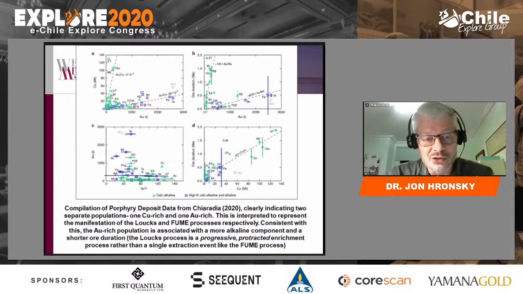It shows that there are two populations, one copper rich and one gold rich. Unsurprisingly, the gold rich population has a more alkalic component to it. The copper rich population is more calc-alkalic. But interestingly, it also shows an important difference in terms of time. The gold rich population is in place very quickly, consistent with the FUME process, a transient event, whereas the copper deposits are in place over a longer period of time, consistent with a progressive, protracted enrichment process.